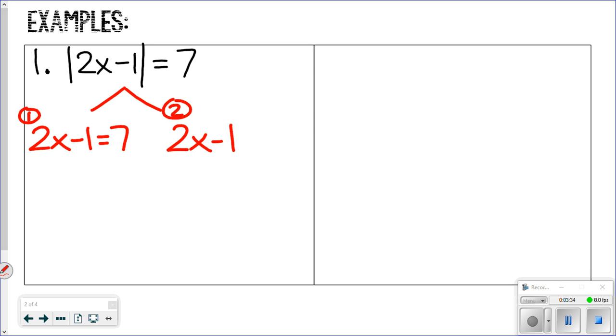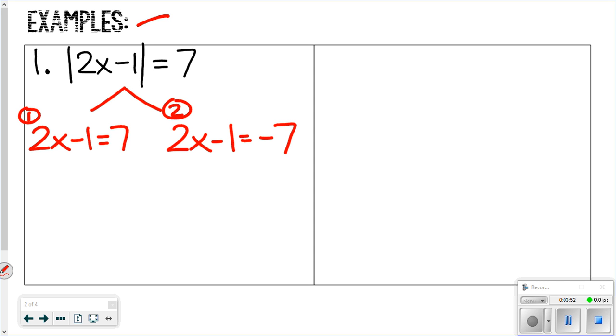So 2x minus 1 equals, and notice both equations have 2x minus 1 equals. That stays the same. But instead of having a positive 7 now, we want to write a negative 7.